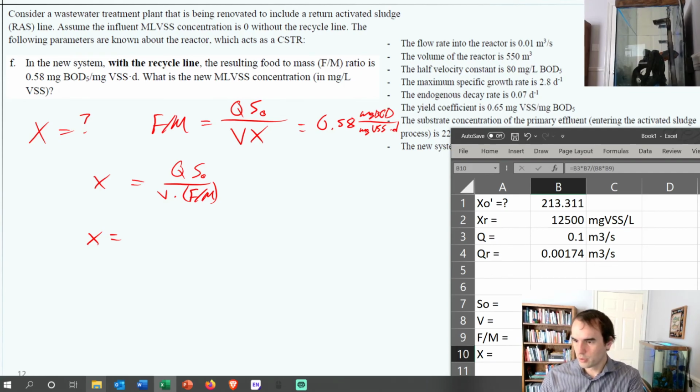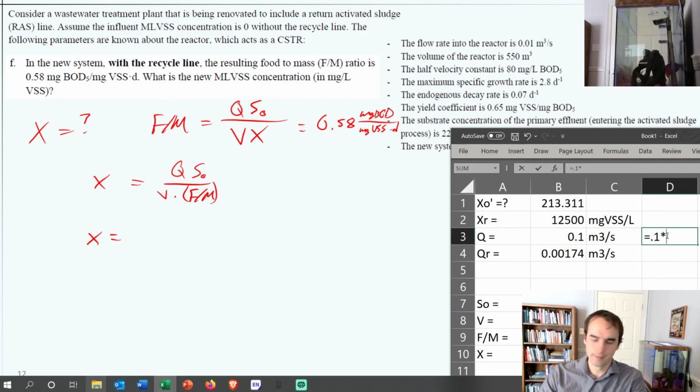So the food to mass ratio here, let's take the flow rate in days. That's 0.1, and we're going to multiply it by the number of seconds in a day. It's 86,400, or we can write it as 3,600 seconds in every hour times 24 hours.